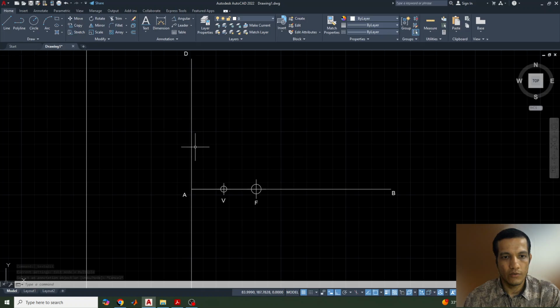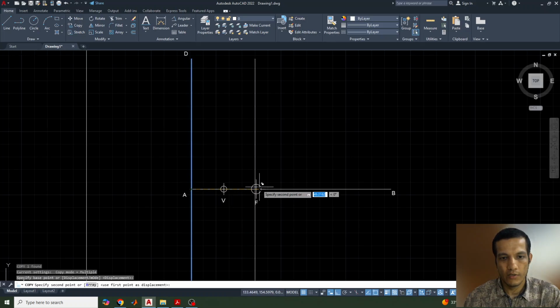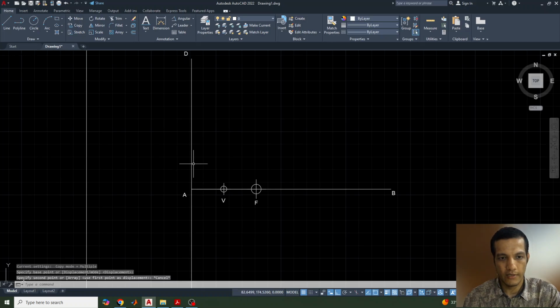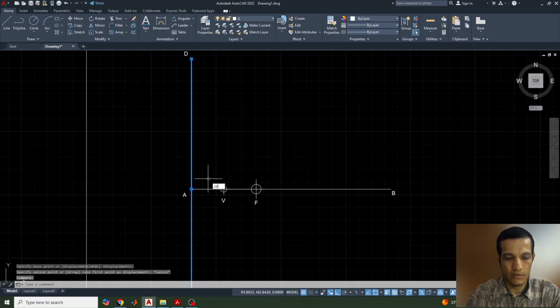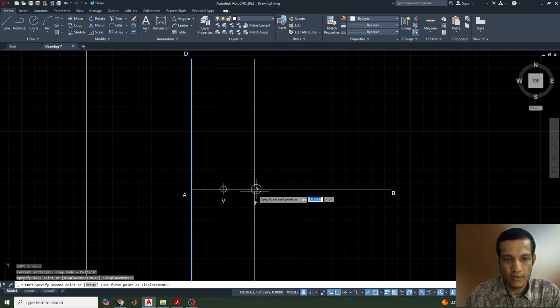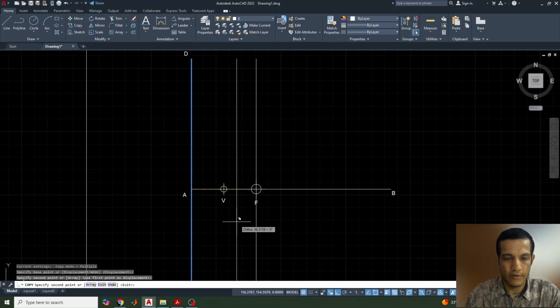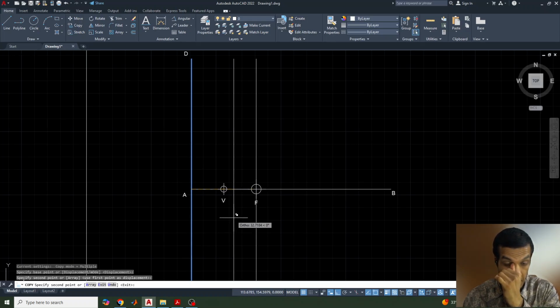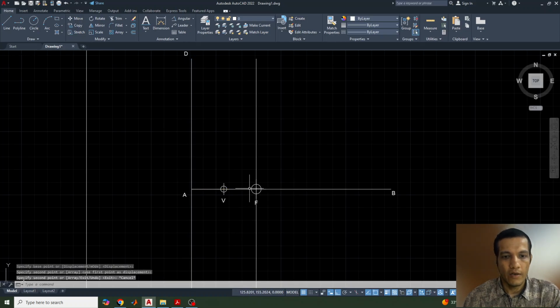So what I'll do is copy this directrix line, from this point to... okay, let me select this line again and copy, CO, enter, select this point, I can keep it here. Okay, yeah. Now this is the next part.